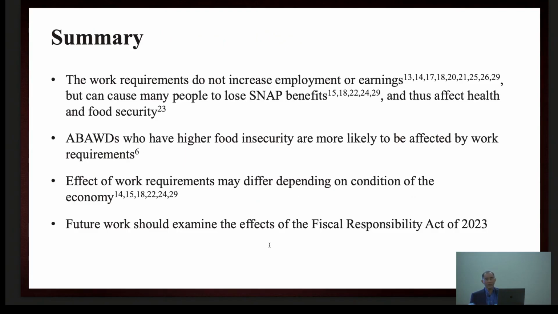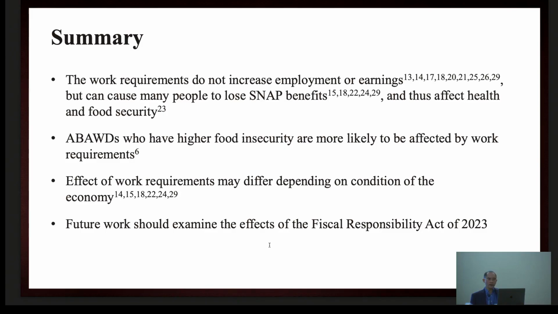So in summary, the work requirements, as I've said, do not seem to increase employment or earnings, but can have significant effect on SNAP participation and correlations with health and food security outcomes.